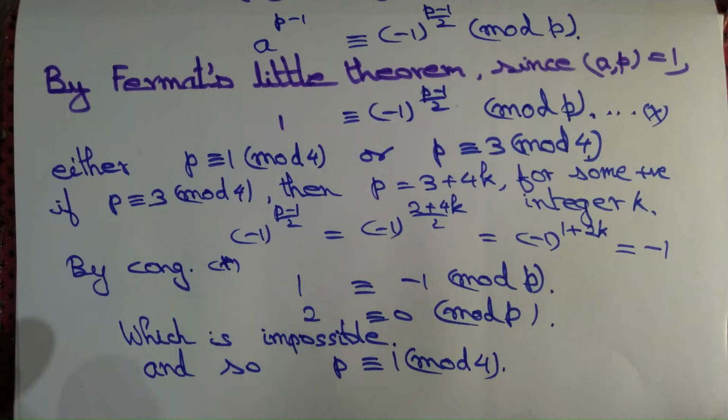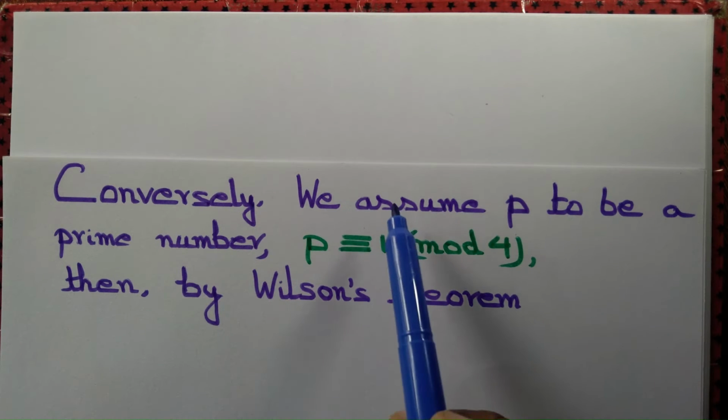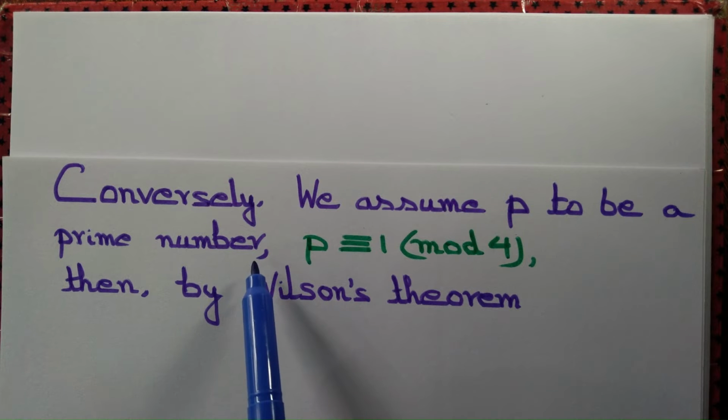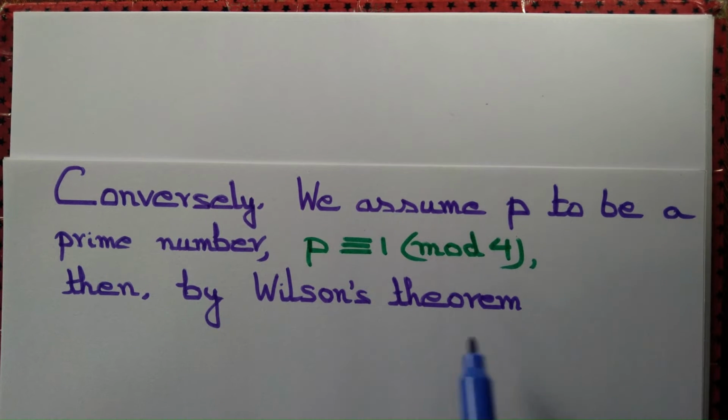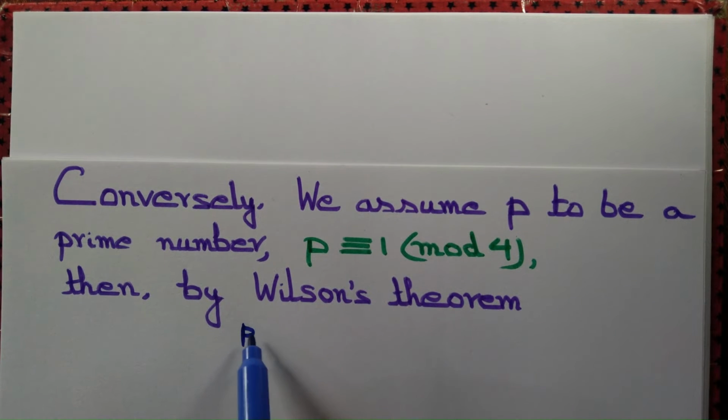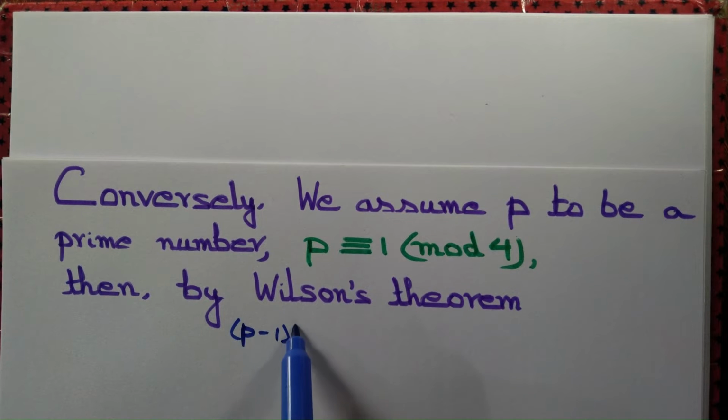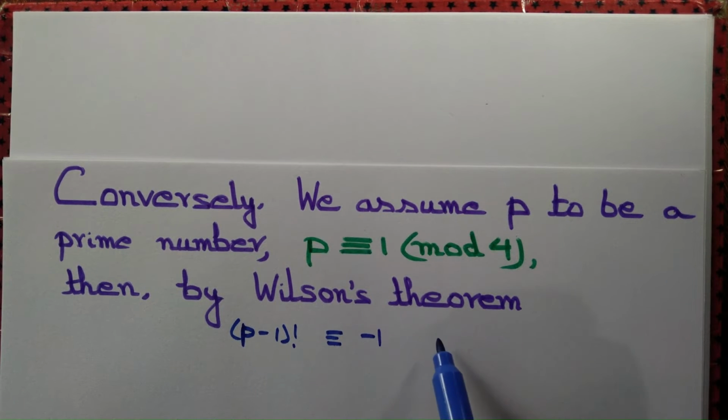How about the converse? Conversely, we assume p to be a prime number and p is congruent to 1 mod 4. Then by Wilson's theorem, factorial (p minus 1) is congruent to minus 1 mod p.